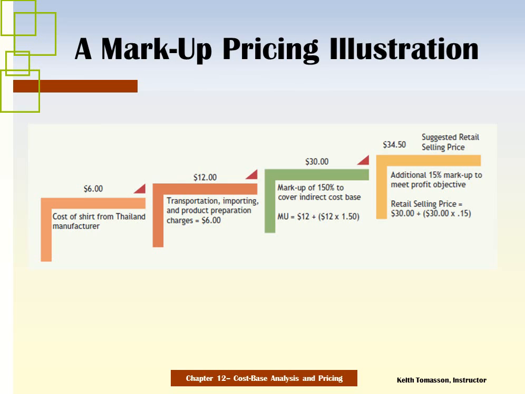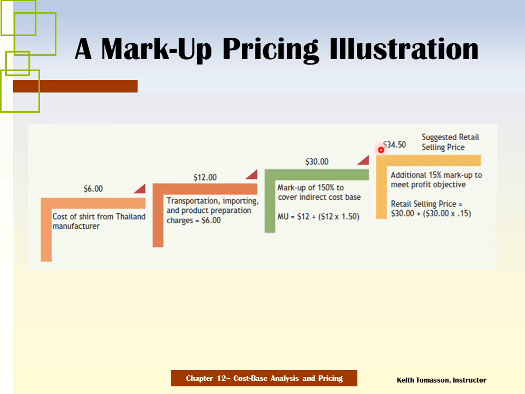However, what we haven't incorporated into our pricing scheme yet is the profit objective. And so let's say we've got a 15% markup to meet our profit objective. So our total costs were $30 plus another markup of 15% times the cost of $30, or $4.50.